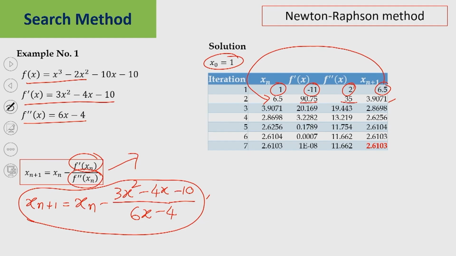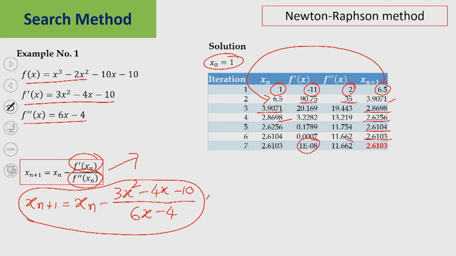Now, I am doing the third approximation, I am getting 2.8698, then the fourth one I am getting 2.6256, then the fifth one I am getting 2.6104 and the sixth one I am getting 2.6103, and you can see that the derivative value is decreasing.